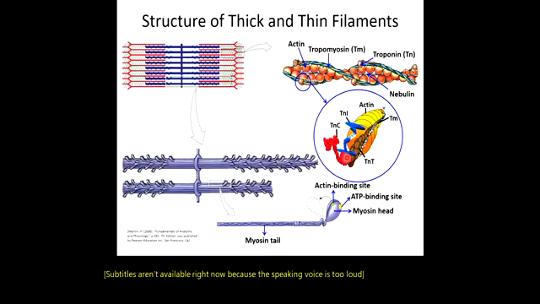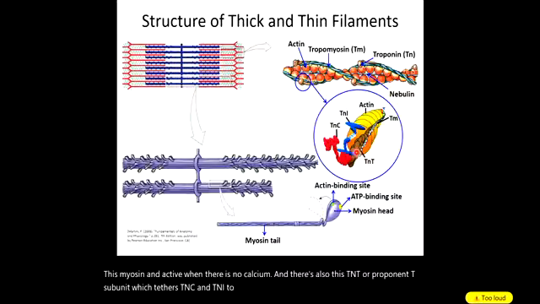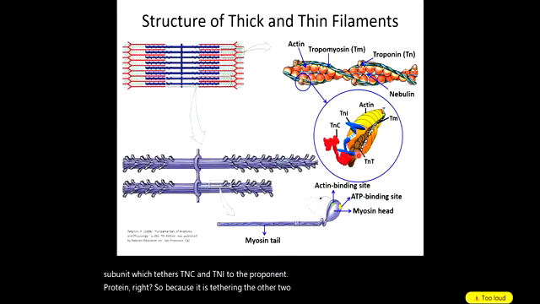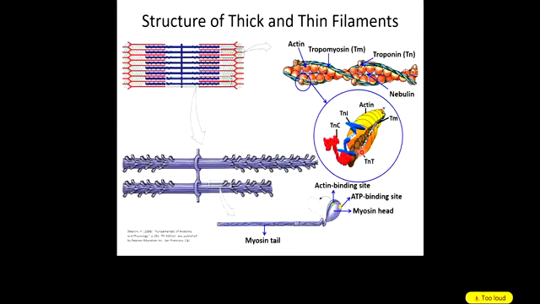Then you have the TNI subunit, which has an inhibitory effect, and it will inhibit interaction between this myosin and actin when there is no calcium. And there's also this TNT or troponin T subunit, which tethers TNC and TNI to the tropomyosin protein, right? So because it's tethering the other 2 subunits to tropomyosin, it's called troponin T.